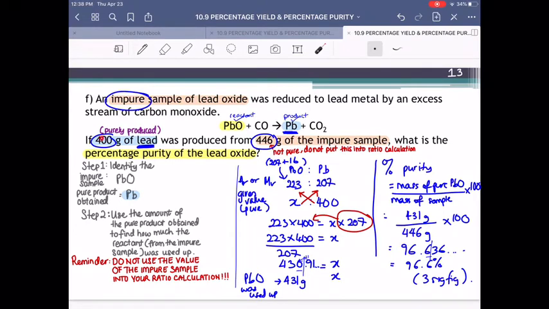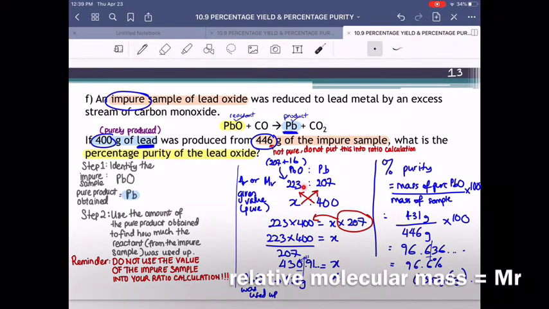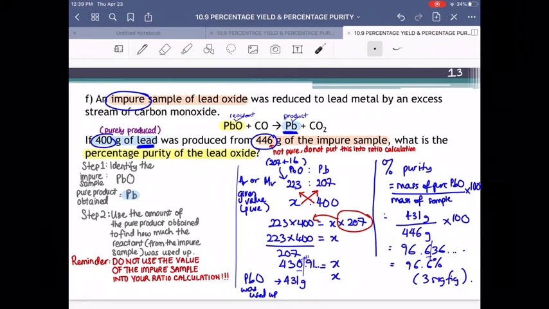The 400 goes into your ratio calculation, so we find the pure PbO that was used up. By using cross multiply, do not forget your first row. You have to find the atomic mass or relative molecular mass, the Mr, Ar. Then cross multiply and you get the value of this PbO.